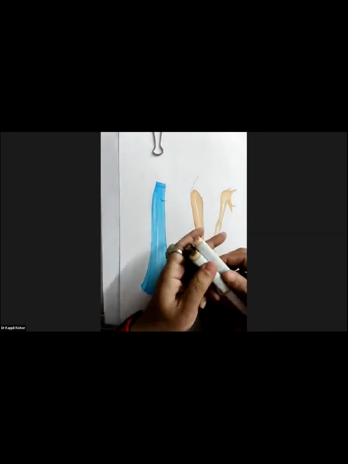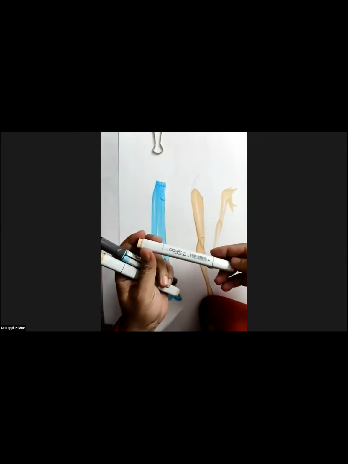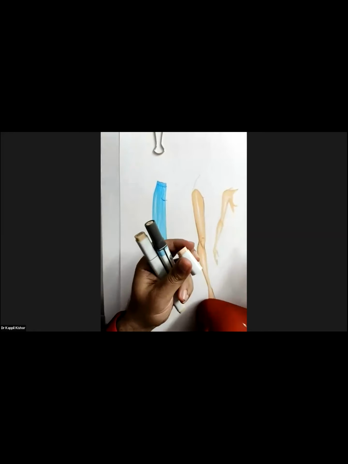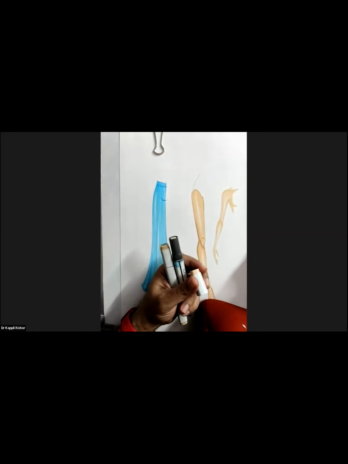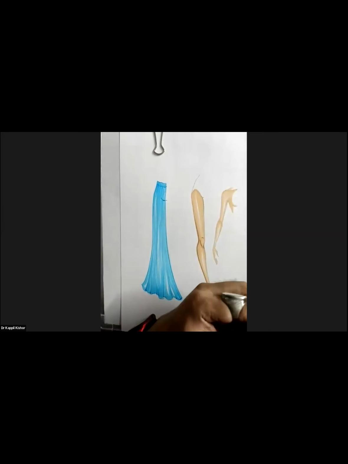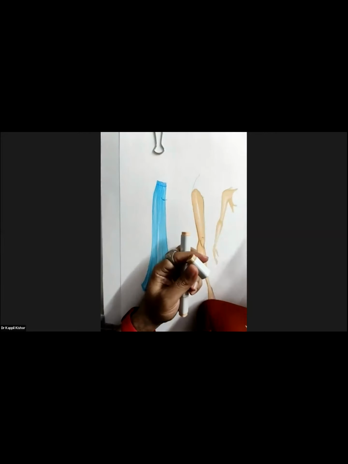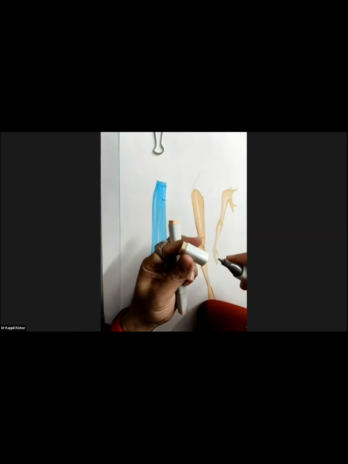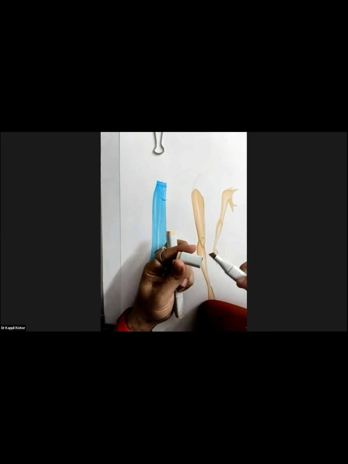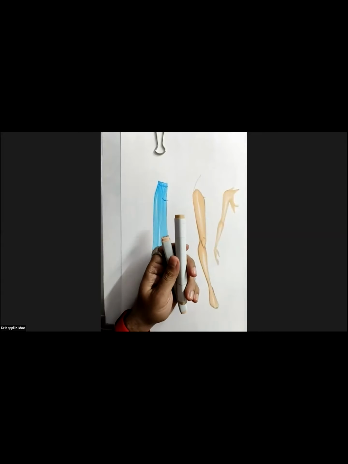So you need to be very clear about this term that Indian weather is not according to this color, this medium. For alcohol markers, generally we use letraset paper, but you can use this right now on ivory or the smooth side of the cartridge, not the rough side.